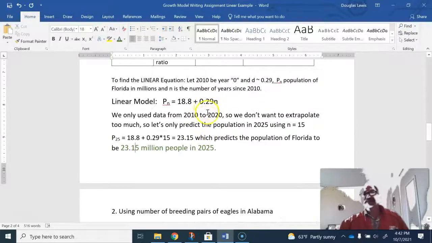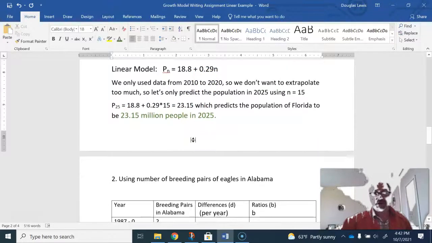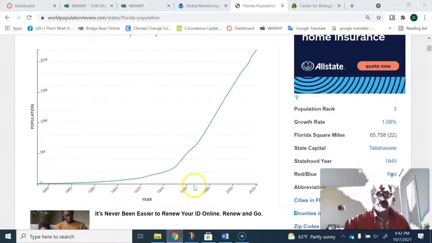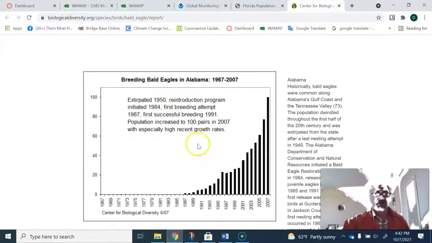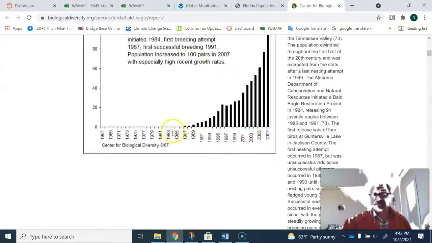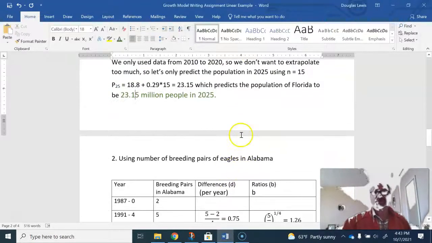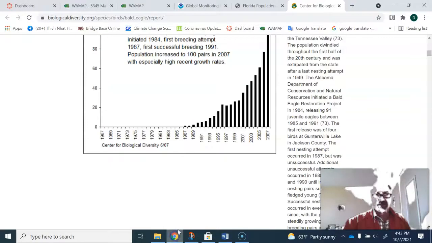Now, that's the linear, and that's done. That's all we need to do. For the number of breeding pairs of eagles in Alabama, I used the next one, and that was this graph, which is obviously climbing really quickly, so that looks exponential. Now that is interesting, I better go back to that picture.